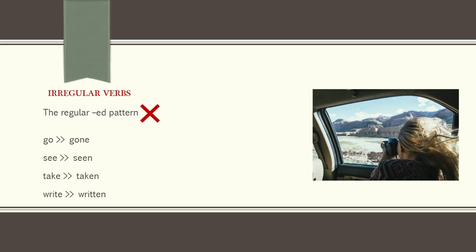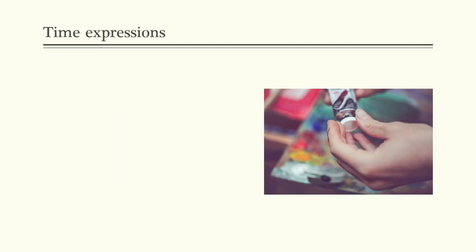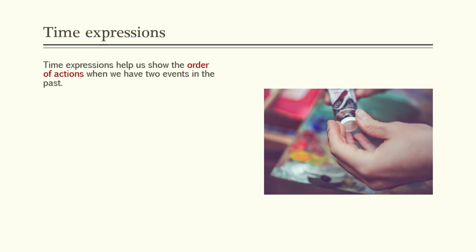Now, let's look at how we use time expressions with the past perfect. Time expressions help us show the order of actions when we have two events in the past, one that happened first and one that happened later.